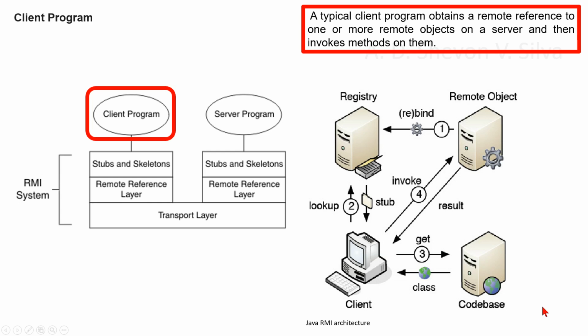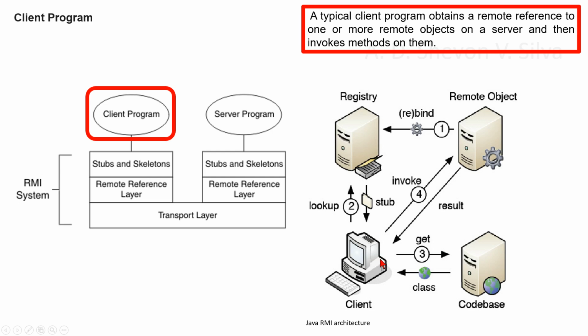Here in step 1, a server exposes a remote object by exporting its client stub to the RMI registry. In step 2, clients use the registry to look up exported objects and receive their stub.